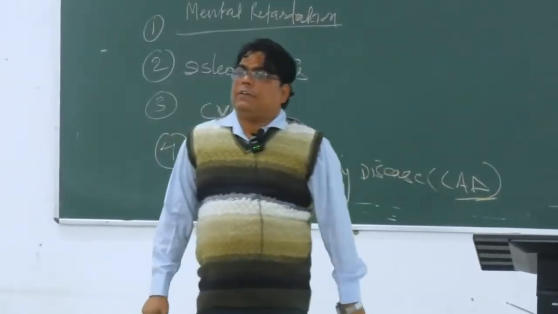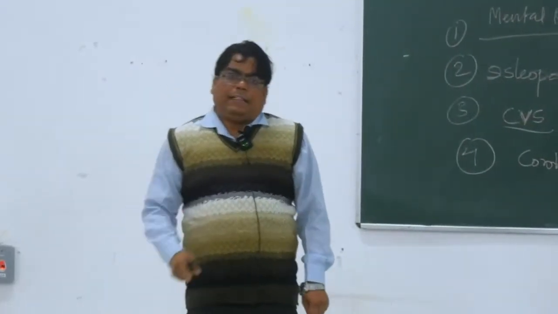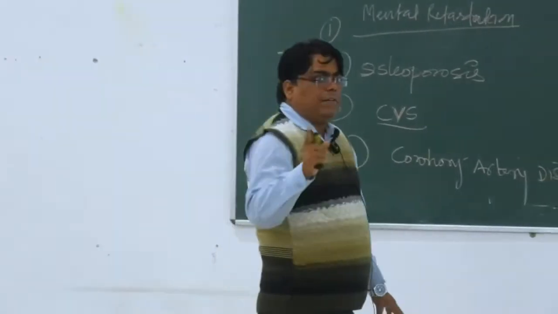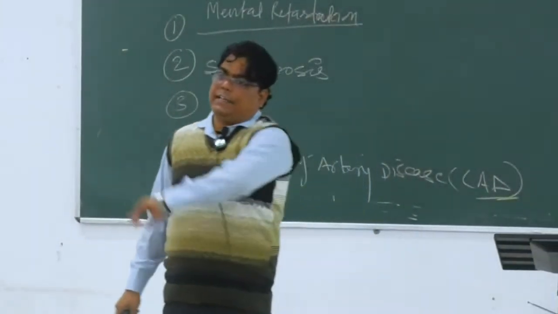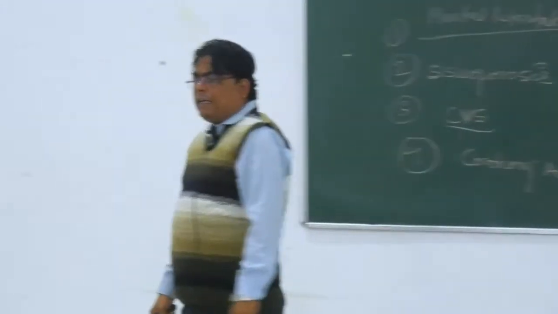Methionine is firstly converted into SAM and secondly into SAH, and this SAH is converted into homocysteine, and homocysteine is converted into methionine. This is the first part.